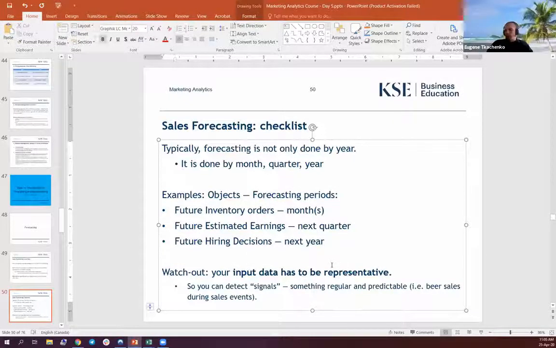One important watch out: all your input has to be representative. Over time, you may detect that some of your services or products usually sell very well, for example, in the April-May period.